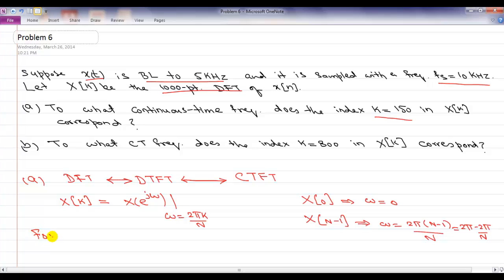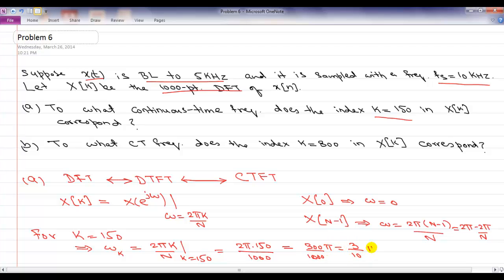For k equal to 150, let's call it little omega k, that is equal to 2 pi k over N. For k equal to 150, that is equal to 2 pi times 150 over my capital N, which is 1000. Okay, so that is 300 by 1000 pi, that is 3 by 10 pi.